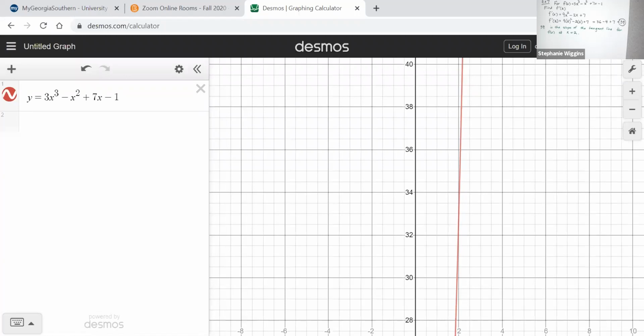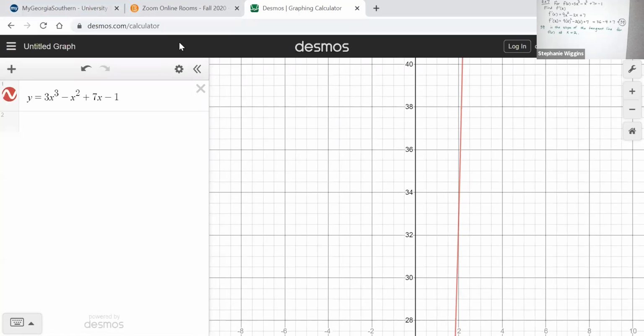But if I plug in 2 into my function at that point, well, I'd have to go ahead and solve this problem. That was not what I planned on doing. I'm going to do another one later, but you can see that the slope of the curve is pretty steep there. So that makes sense that the tangent line that passes through here is going to have a slope of 39. Okay.